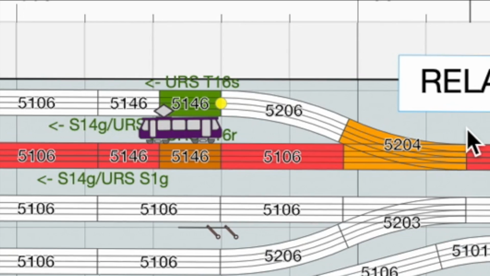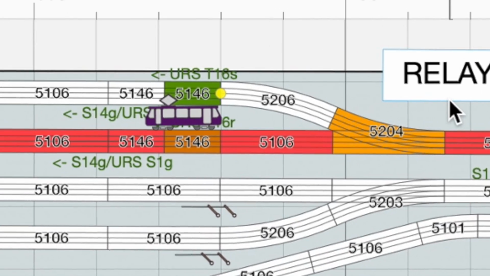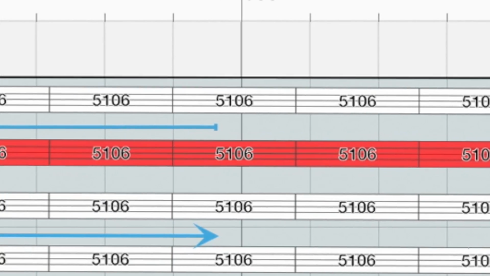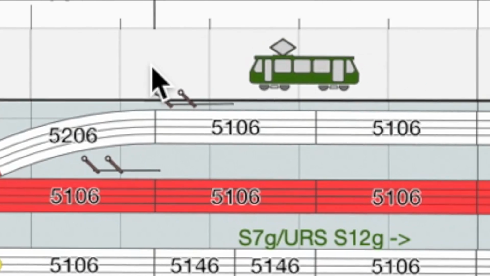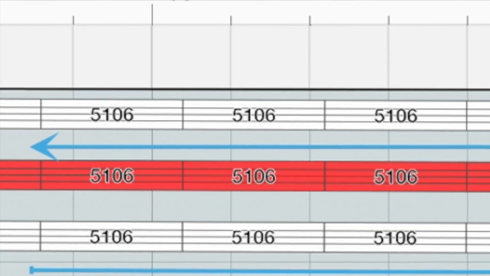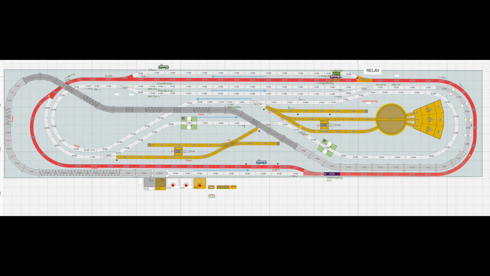This will switch the output of the relay to the circuit controlling the signal on the opposite track, as well as the round position of the turnout. Our little purple train will then carry on its journey until it reaches the end of the station and will wait there for a green signal.